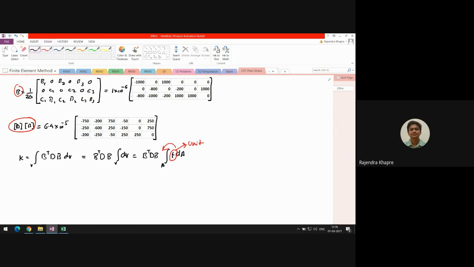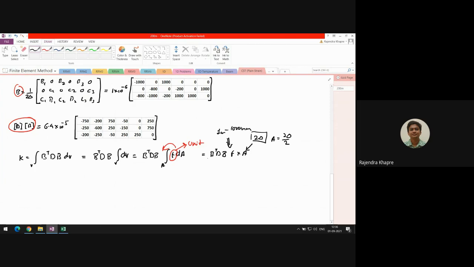As a result of this, what you are going to get is something like B transpose into D into B into thickness, into simply area. Now this area is nothing but your 2 delta. Remember, 2 delta is twice the area of the triangle, so your area is 2 delta divided by 2, and the thickness value I am taking as 1 meter, which comes out to be 1000 millimeter.